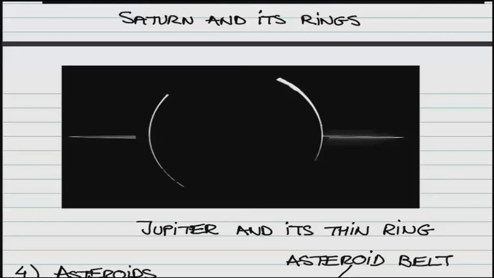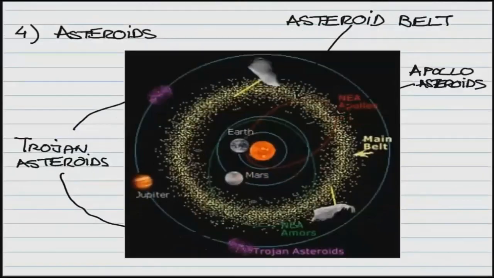Then we have asteroids, and most of them reside in this region between the orbit of Mars, which is at 1.5 astronomical units, and the orbit of Jupiter at 5 astronomical units. So the middle of it is at about 2.5 astronomical units away from the sun.